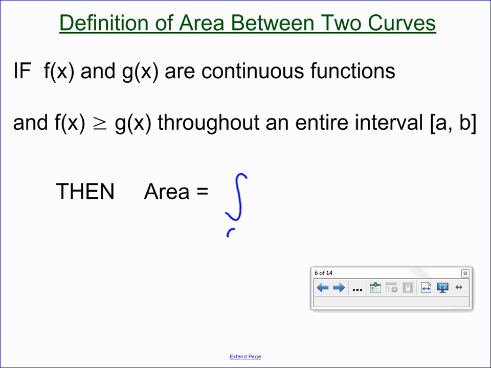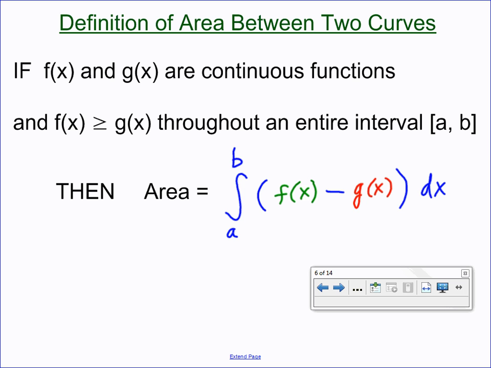From the left x value a, scanning towards the rightmost x value of the region b, top curve, well, since f is greater than g throughout the entire interval, my top curve is f of x, minus my bottom curve. Since g of x is less than f of x the entire interval, then g of x will be my bottom curve with respect to x.